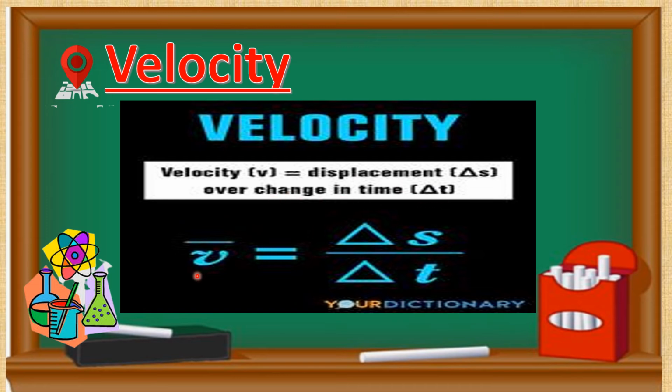The symbol for velocity is the letter V with a line at the top, equals the change in displacement over the change in time, which is triangle and letter T. That is how you write this one.